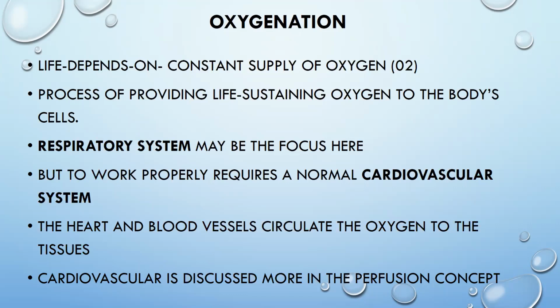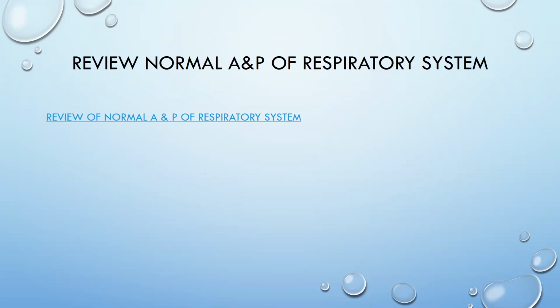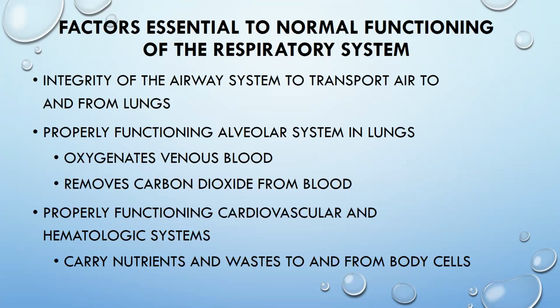So make sure you spend some time and watch this normal A&P video. I think I posted another one in the module. And there are factors that are essential to normal functioning of the respiratory tract. You've got to have an airway system that has its full integrity to transport air from the outside to the lungs and out.